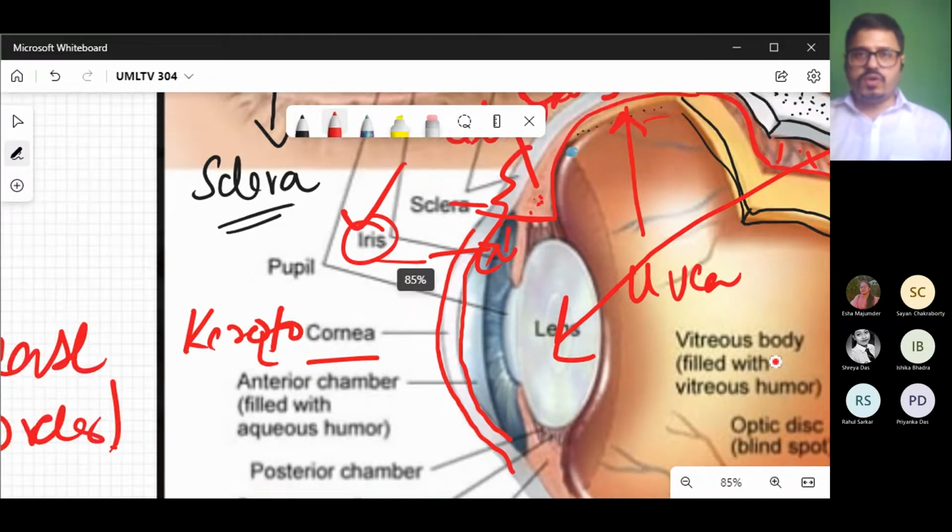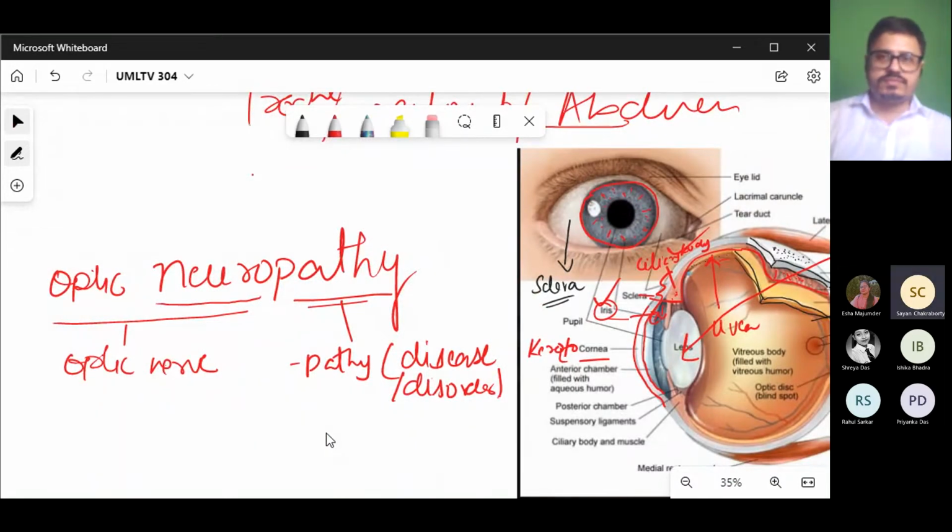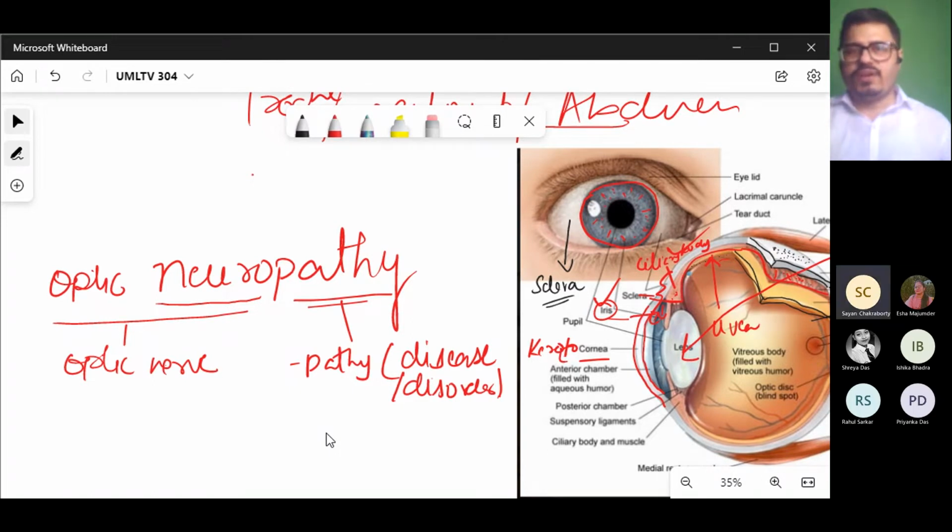I do not know whether you are familiar with the concept of eye donation. Have you ever heard that eyes can be donated? Yes, eye donation camp. We do not perform an eye donation camp, we perform blood donation camps, because blood can be donated.